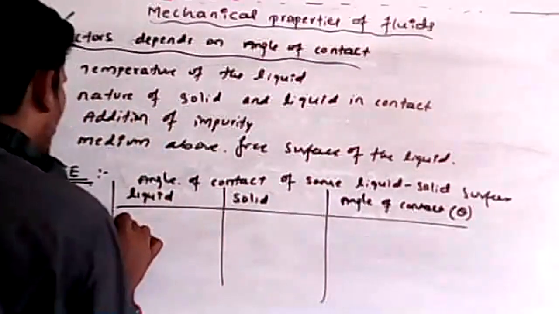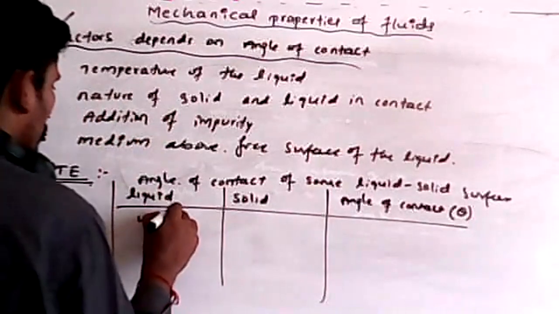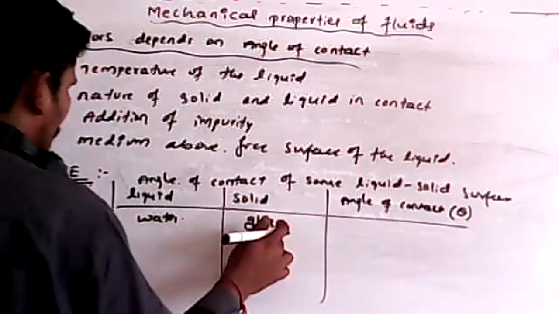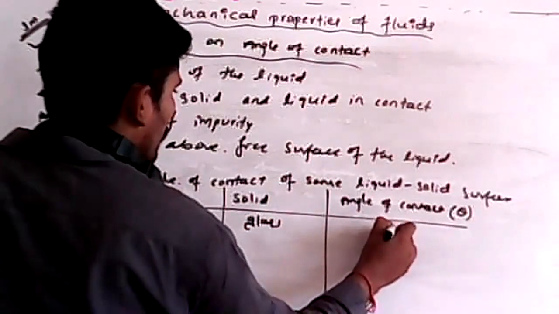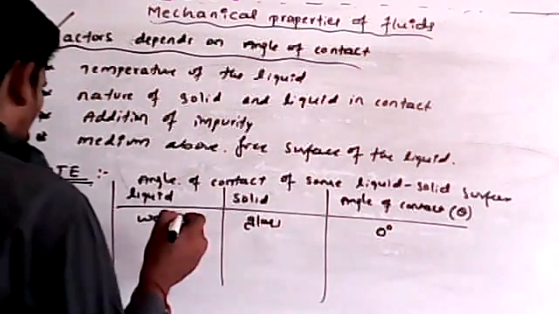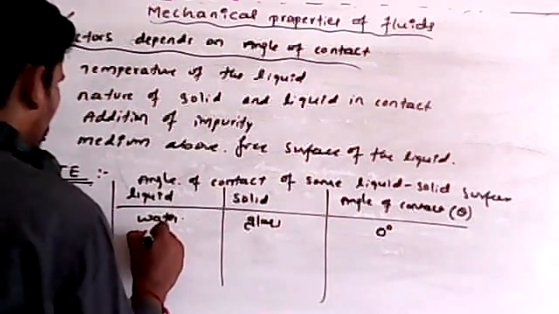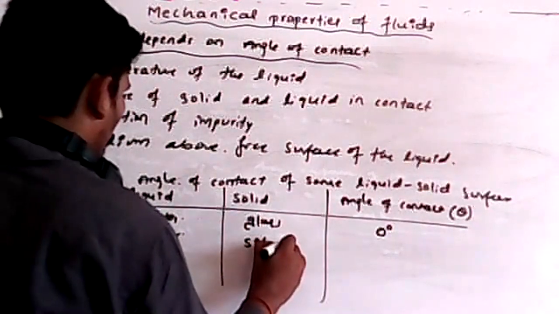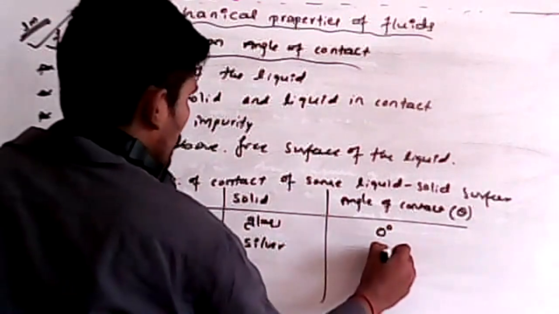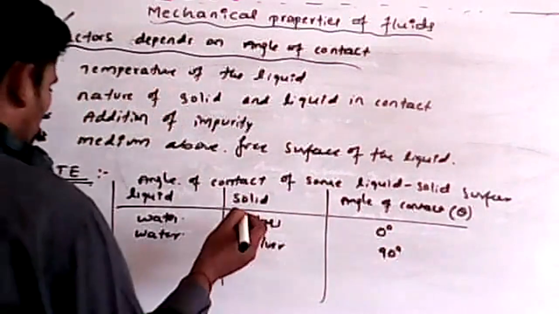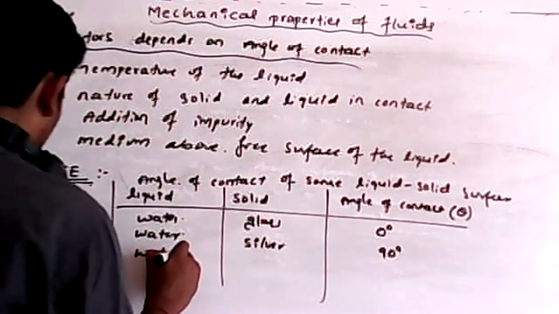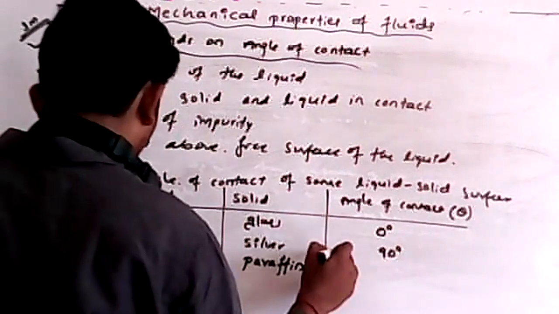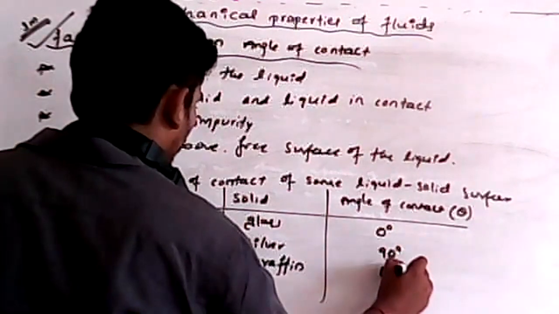If I consider the liquid as water and the solid surface as glass, for the water-glass interface the angle of contact is 0 degree, that is pure water. Then water and silver, both different materials, this one will be 90, which we already know. Then water and paraffin, this is also different, so it will be nearly 107 degree.